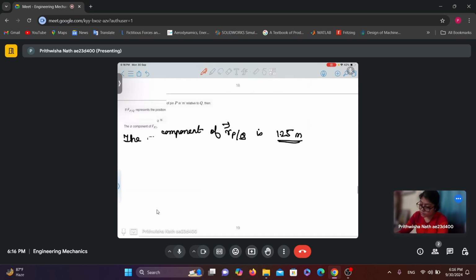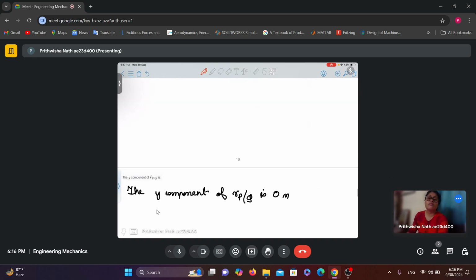Now, as we can see, there's no component along y direction, so it will be 0, right?